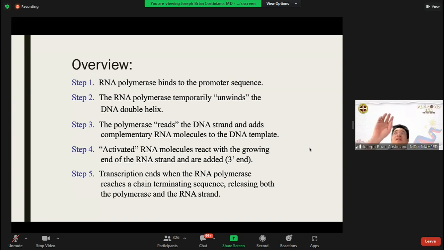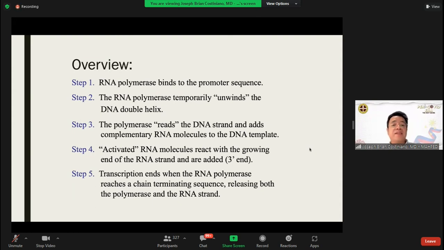So kasi 'di ba naka-twist 'yan yung double helix mo. So your RNA polymerase will temporarily unwind your DNA double helix.